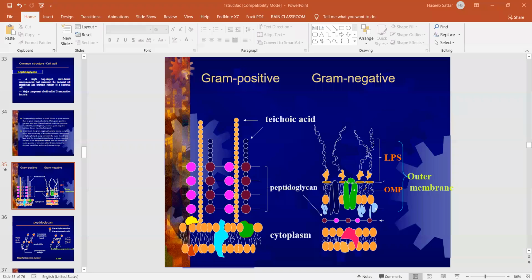So the polysaccharides and the proteins present in the outermost membrane also act as an antigen, and from this antigen we can identify the bacteria in the lab. For example, Vibrio cholera or typhoid.